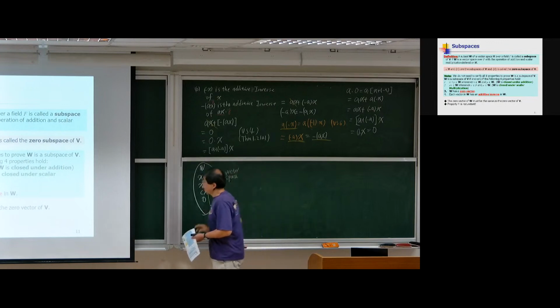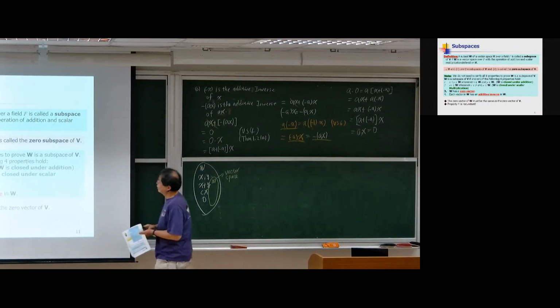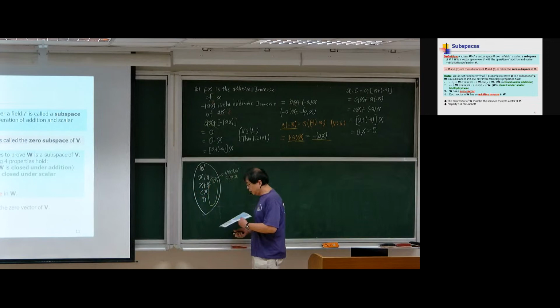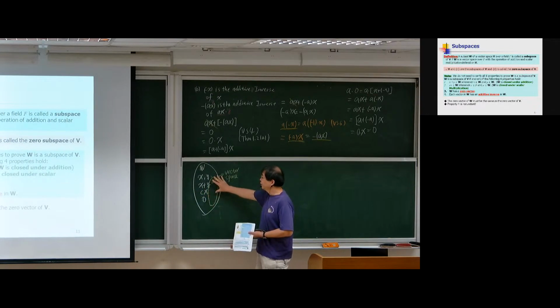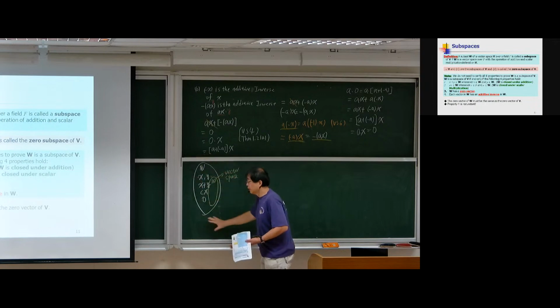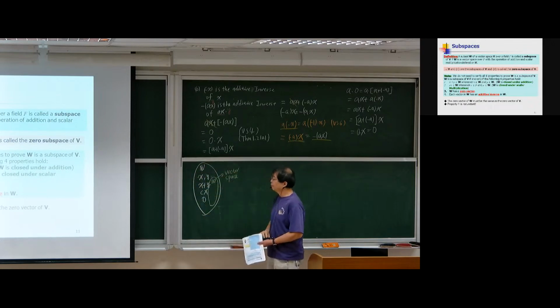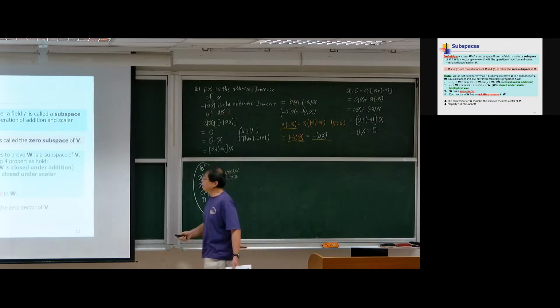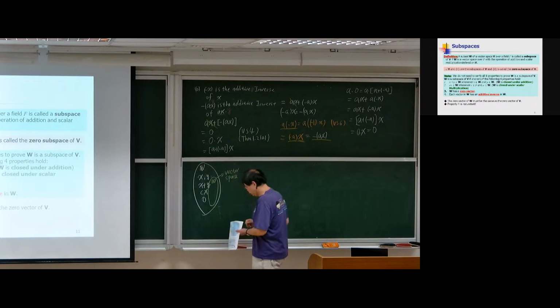So here W itself is also a vector space. Okay, so if all the elements in W are also in vector space V, then we call W a subspace of V. Okay, so here we have to know that.